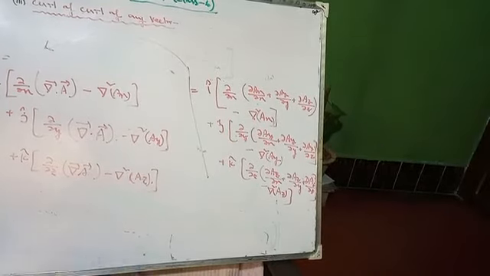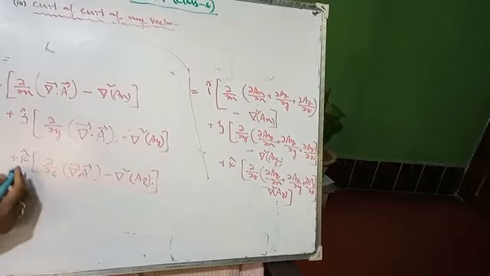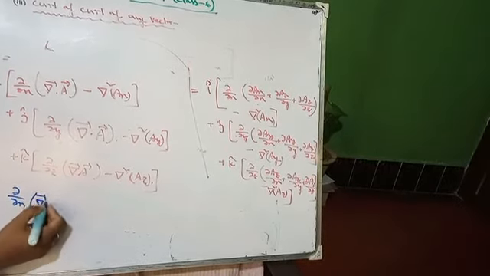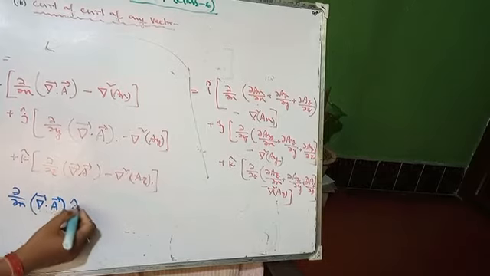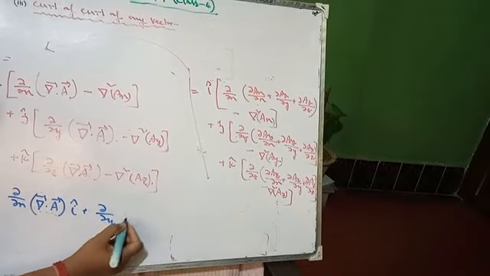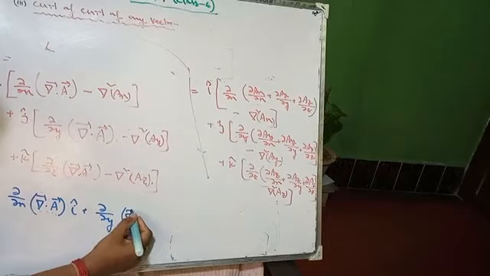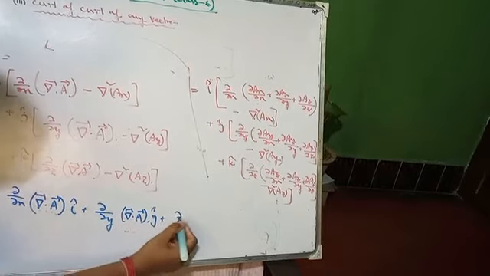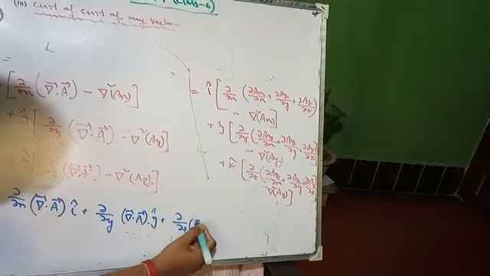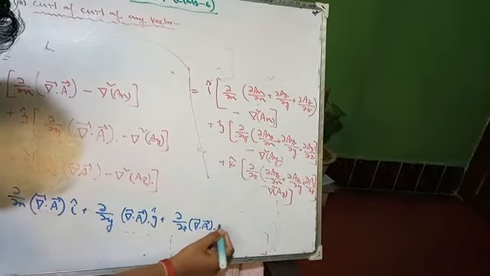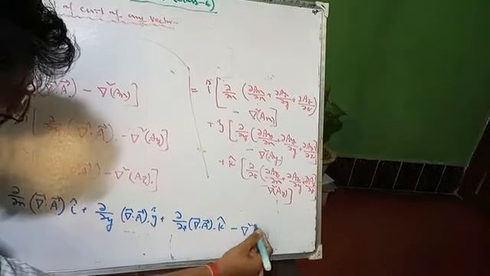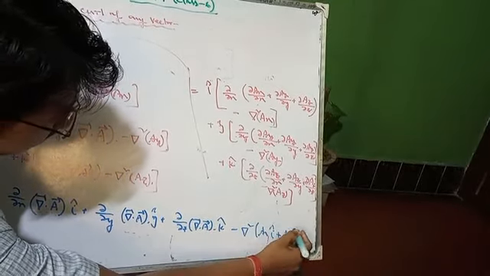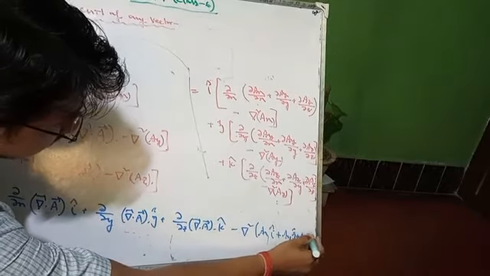So now what will be the ultimate answer? So ∂/∂x divergence of A i cap plus ∂/∂y divergence of A j cap plus ∂/∂z divergence of A k cap minus Laplacian of (Ax i cap plus Ay j cap plus Az k cap), okay.